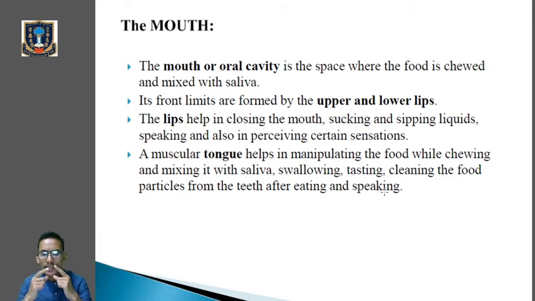Its front limits are formed by the upper and lower lips. These lips help in closing the mouth, in sucking and sipping liquids, and also help in speaking and in perceiving certain sensations, mainly touch and heat. This is the function of the lips.